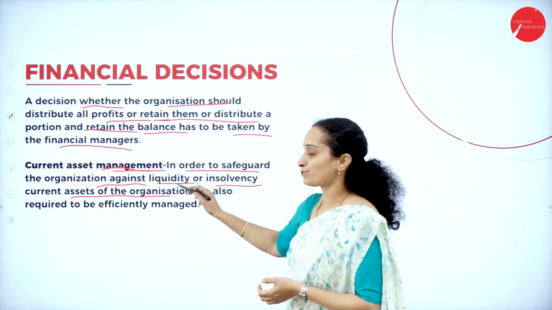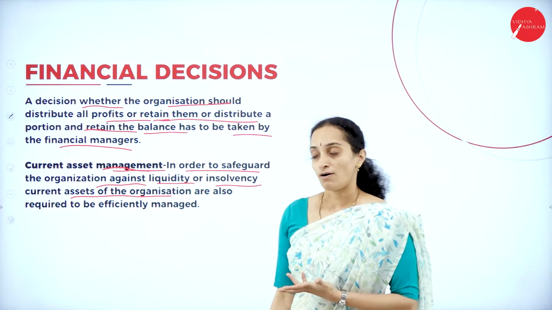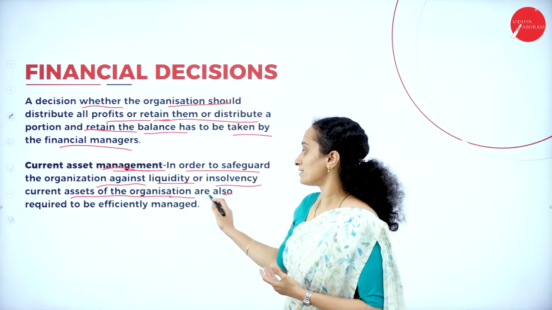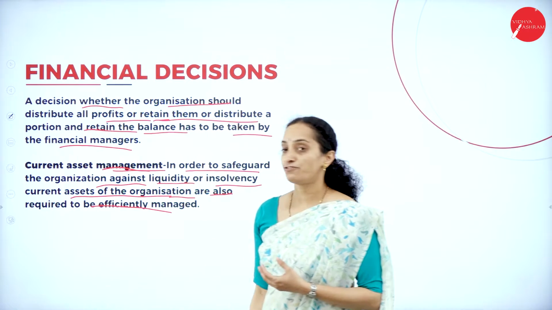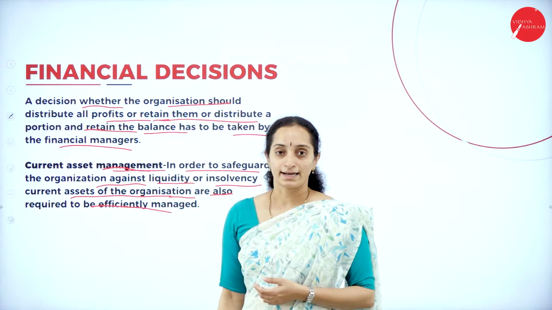So current assets of the organization, shares, debentures, debts, all these things, current assets and liabilities of the organization are also required to be efficiently managed. What is the amount of the current asset?